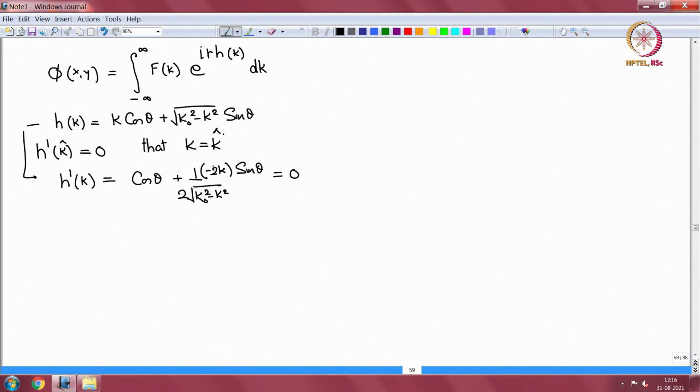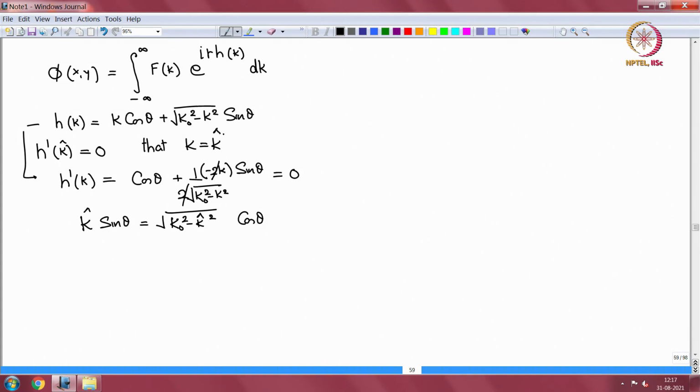Okay, so that means what? It means my k hat sine theta must be equal to square root of k0 square minus k hat square into cos theta.